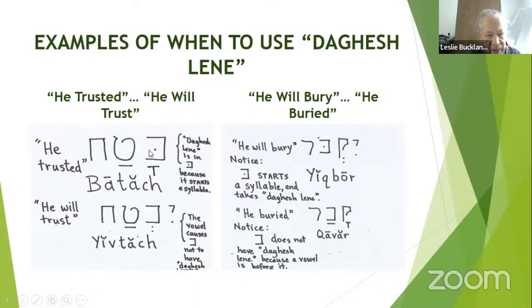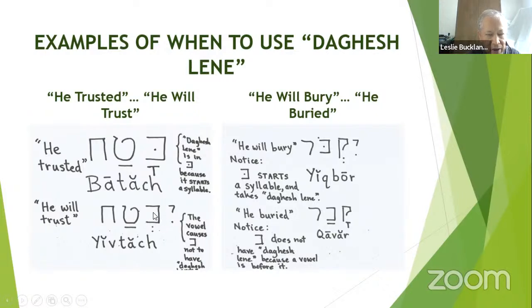Why is it that this particular letter, which is one of the 6 letters that can take dagesh lene, doesn't have it? It is because even though it is in the first syllable, it does not start the syllable. What starts the syllable is this consonant yod.